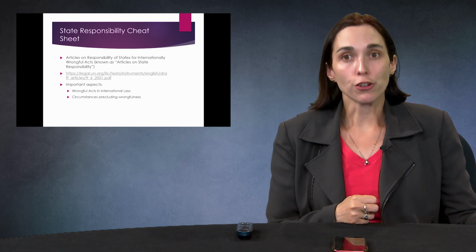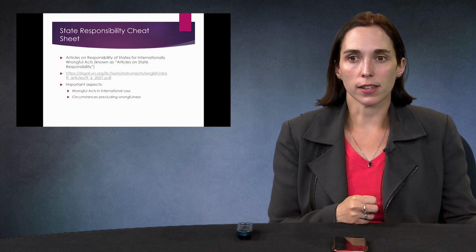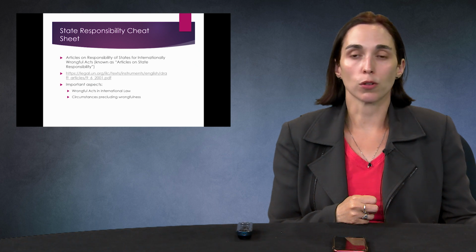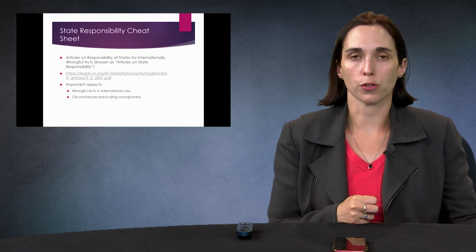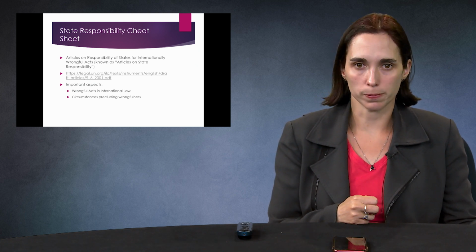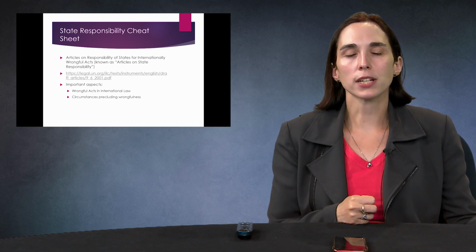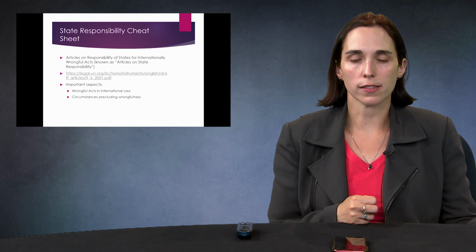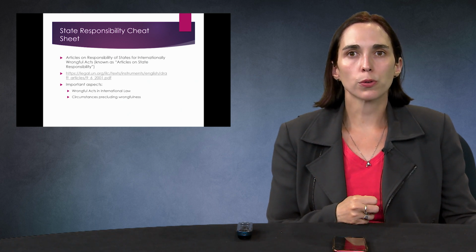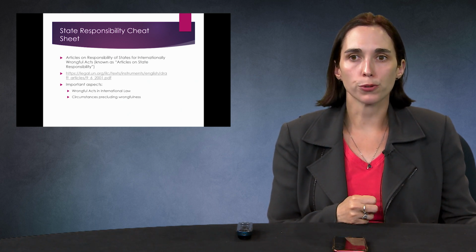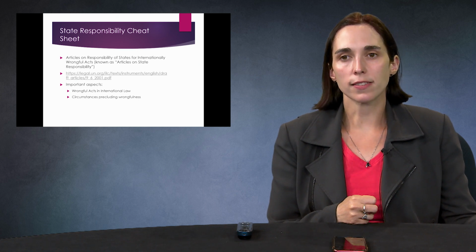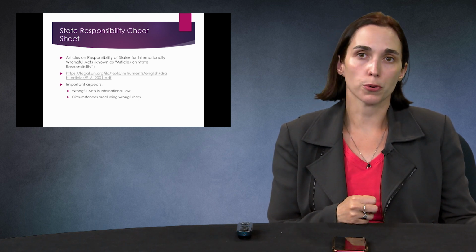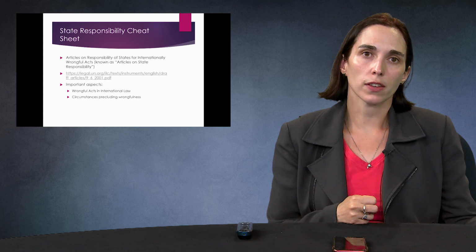A violation of a rule of international law is typically what we're going to think of as a wrongful act, whether that's a treaty rule, whether that's a rule of customary international law, etc. So some important aspects of this document are the explanations of what are wrongful acts in international law, but also circumstances precluding wrongfulness. Necessity, for one example, is a circumstance precluding wrongfulness, and it's articulated in Article 25 of the Articles on State Responsibility.